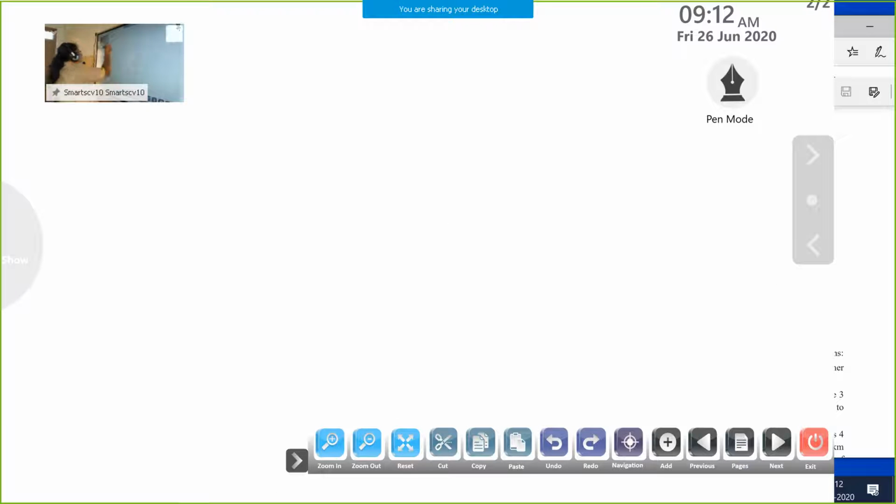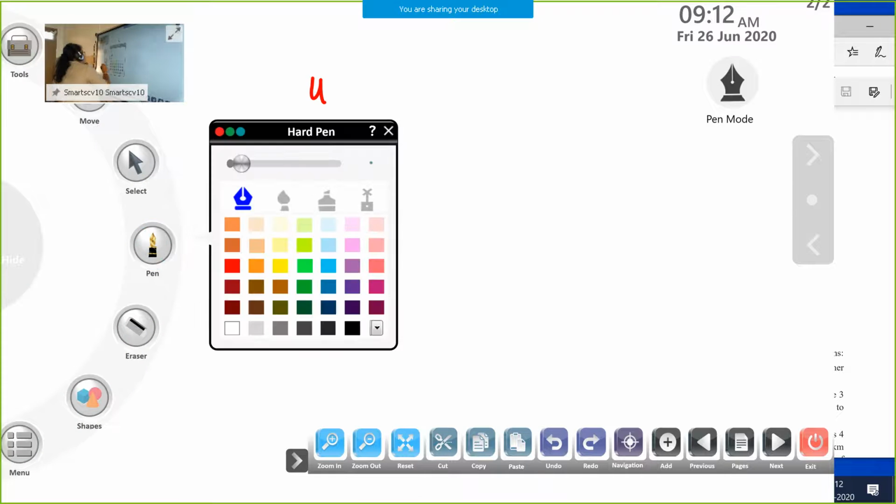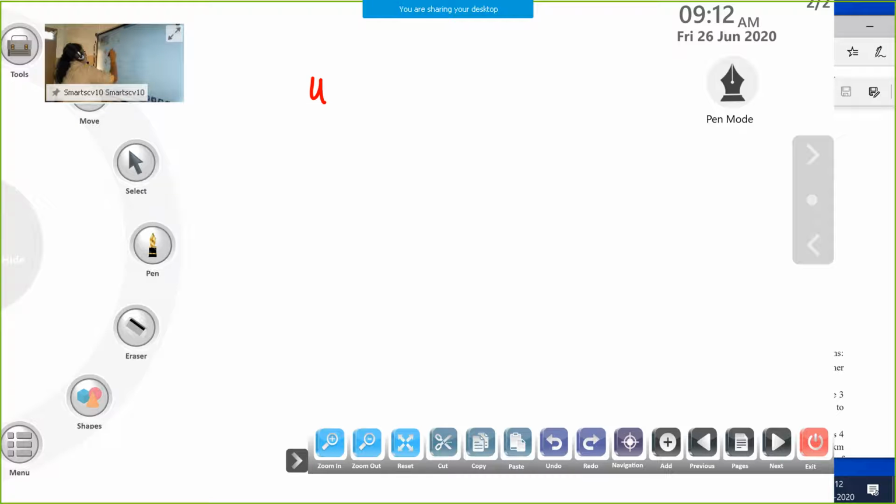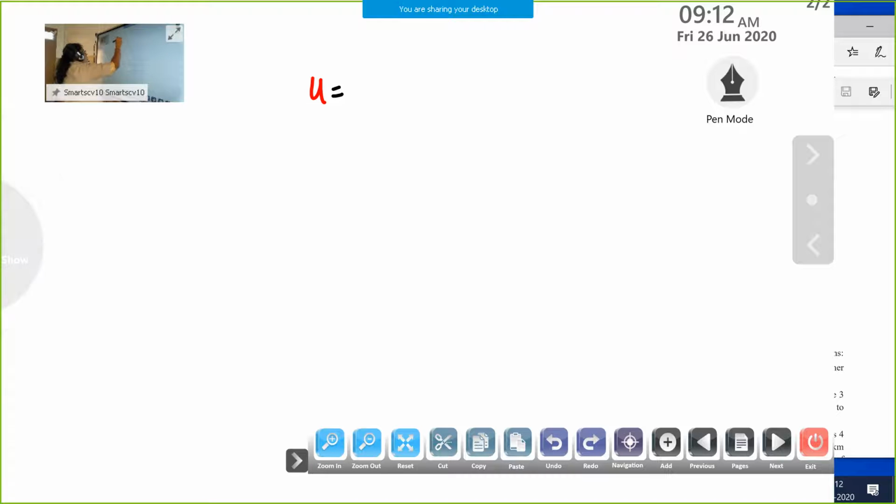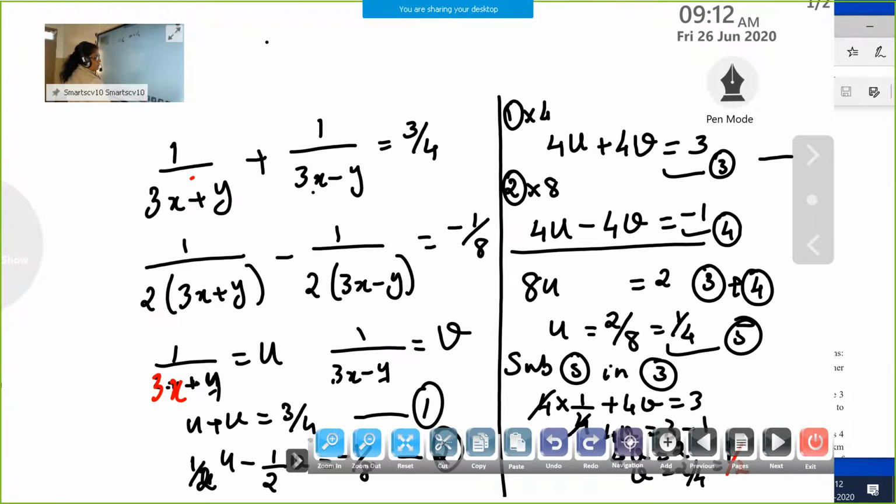Then our U is equal to 1 by 4 and V is equal to 1 by 2.